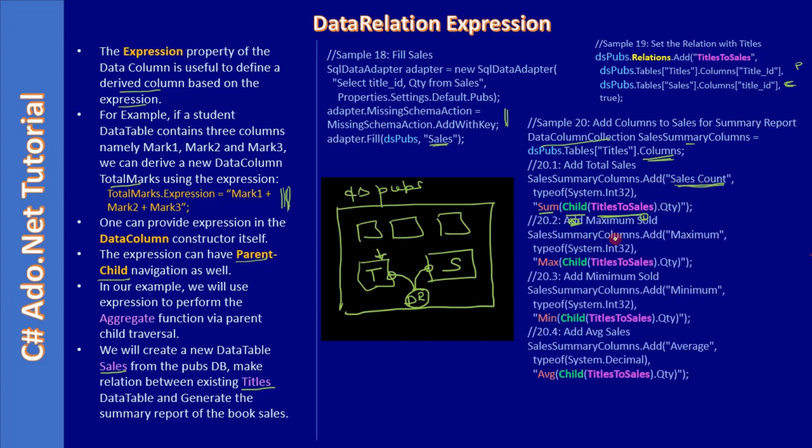Likewise, if you see, we have created other functions: max of child of total sales quantity, then here we are using minimum, here we are using average. So we derived 4 columns here, right? All are expression based columns which make use of parent to child traversal.